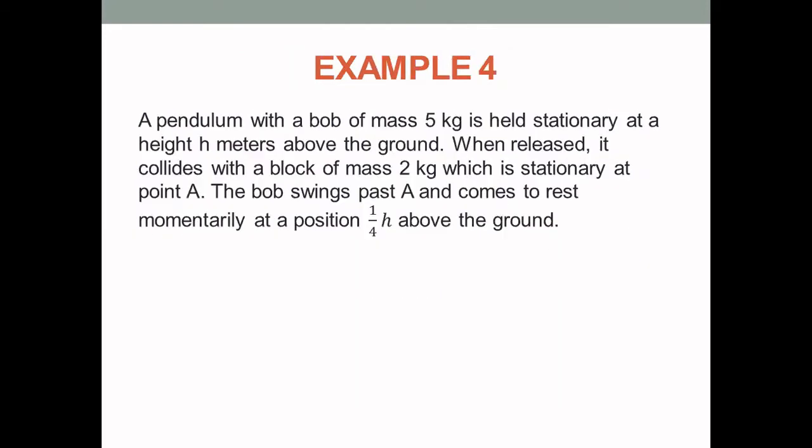Example number 4. A pendulum with a bob of mass 5 kg is held stationary at a height h meters above the ground. When released, it collides with a block of mass 2 kg, which is stationary at point A. The bob swings past A and comes to rest momentarily at a position of quarter height above the ground.